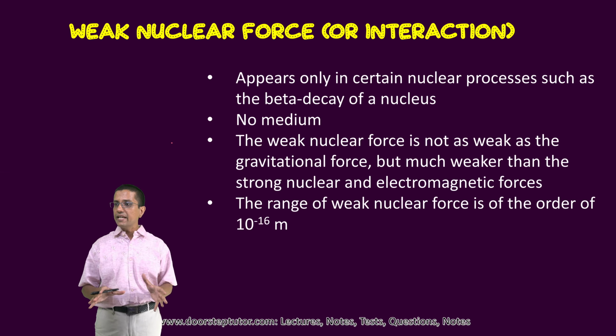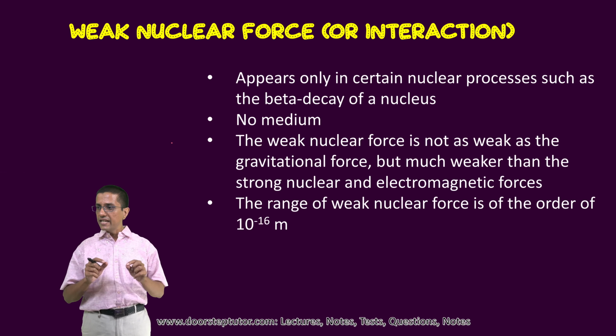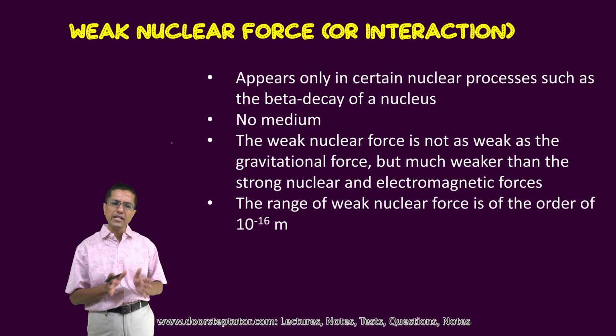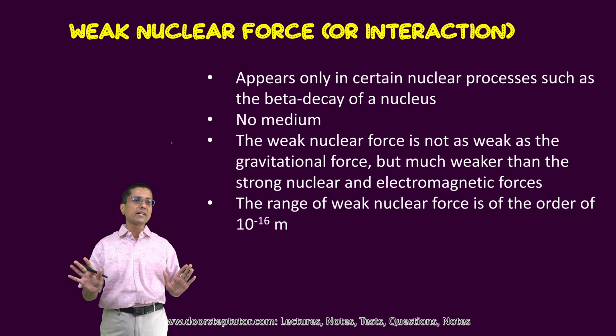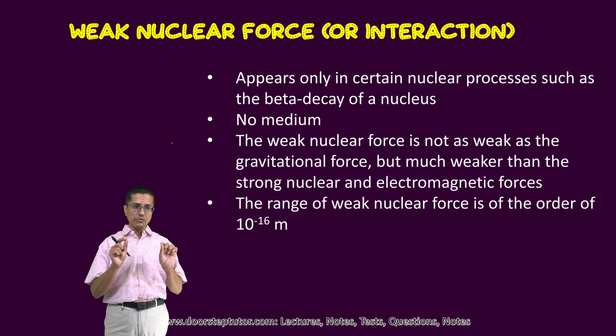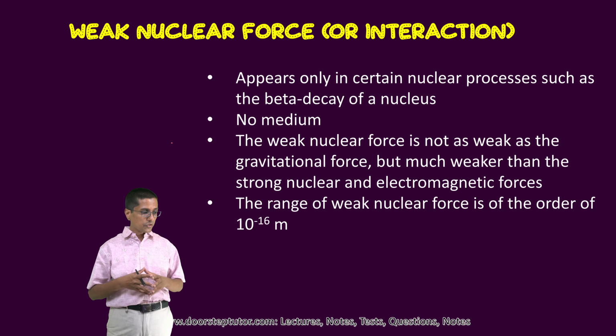See, what happens in beta decay? The nucleus emits an electron and a neutrino. So neutrino is an uncharged particle, right? There are many particles in physics. Protons, neutrons, electrons, that we understand. Positrons are the positive counterpart of the electron.